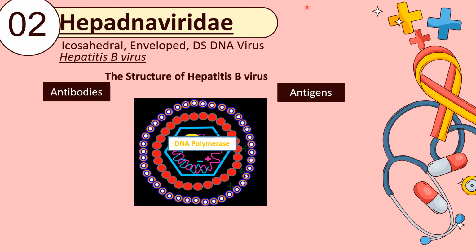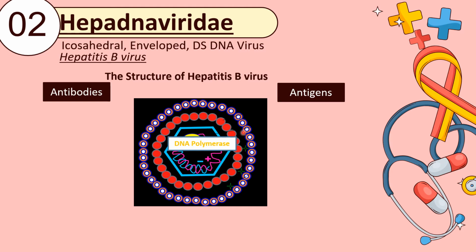In the course of the study of hepatitis infection, it is very important to understand the structure of the hepatitis virus because it significantly influences the interpretation of serological tests upon the diagnosis of the different stages of the disease.